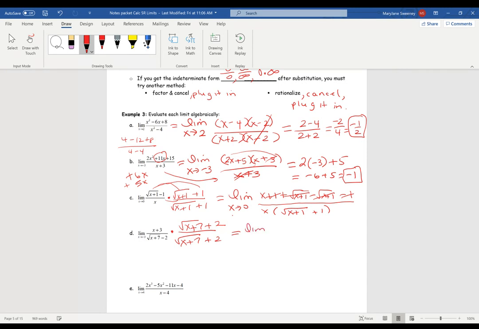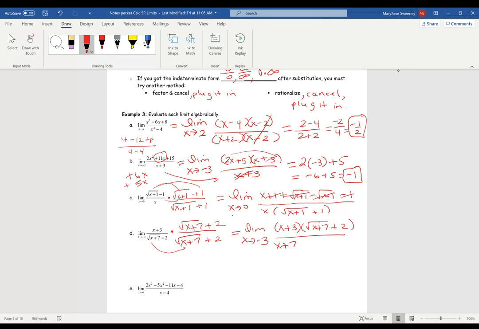So limit as x approaches -3. On the top where I have the radical with the non-radical, I'm going to purposely leave that not distributed. On the bottom where I have the radical with the radical, that's where I'm going to distribute.